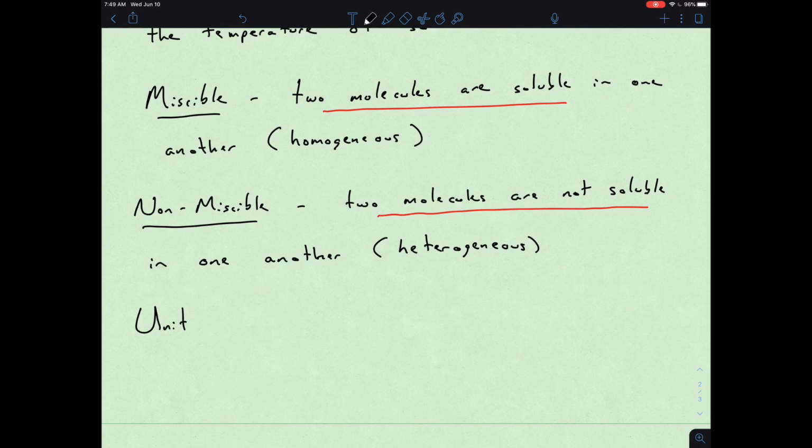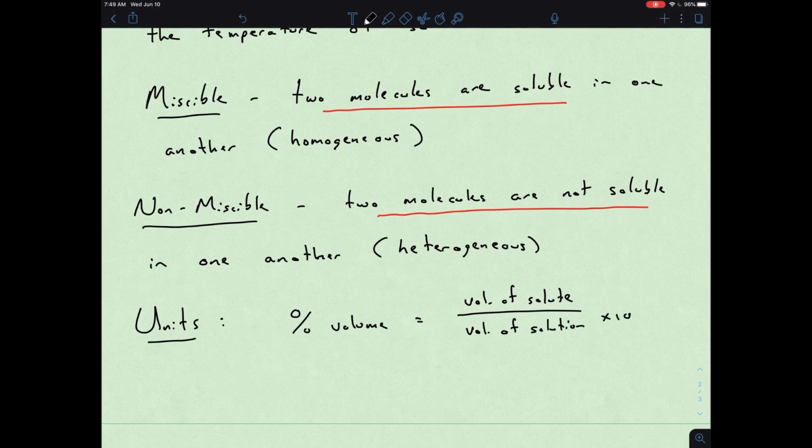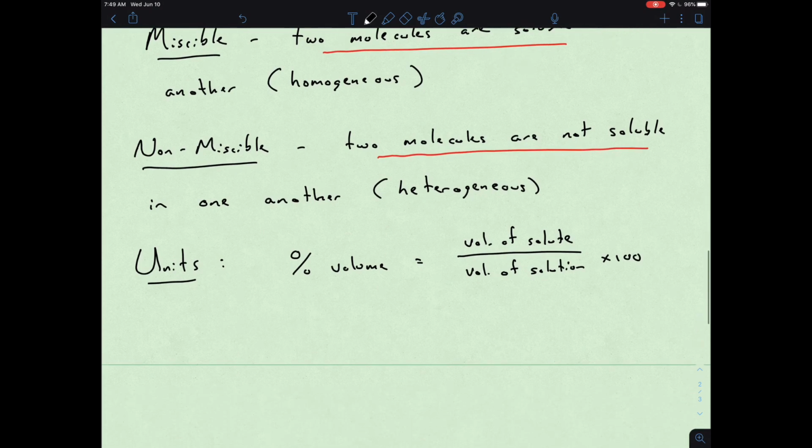So those are the basic terms as far as looking at solution chemistry, and getting into units, we have a bunch that we should remember, right? Percent by volume is one, where we would have the volume of our solute over the volume of solution times 100.